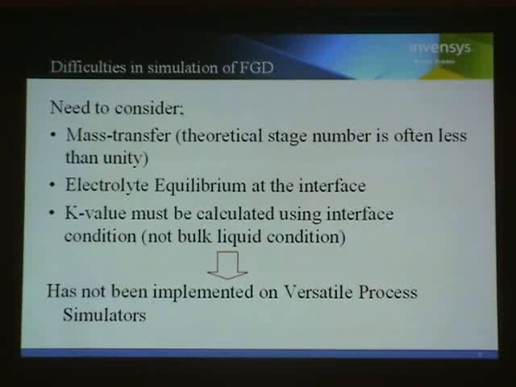And we need to consider electrolyte equilibrium at the interface. The K value must be calculated using the interface condition, not the bulk liquid condition. Because of these difficulties, flue gas desulfurization unit has not been implemented on many versatile process simulators like Flue, Aspen, or Hayashi.